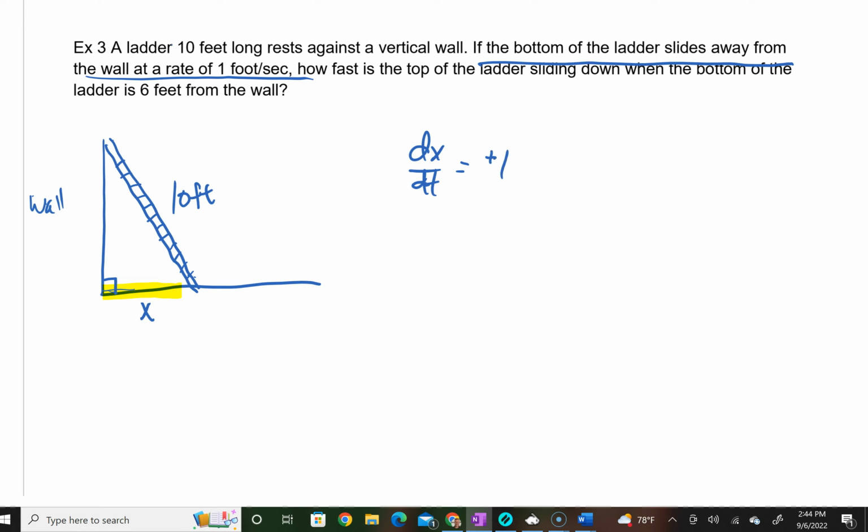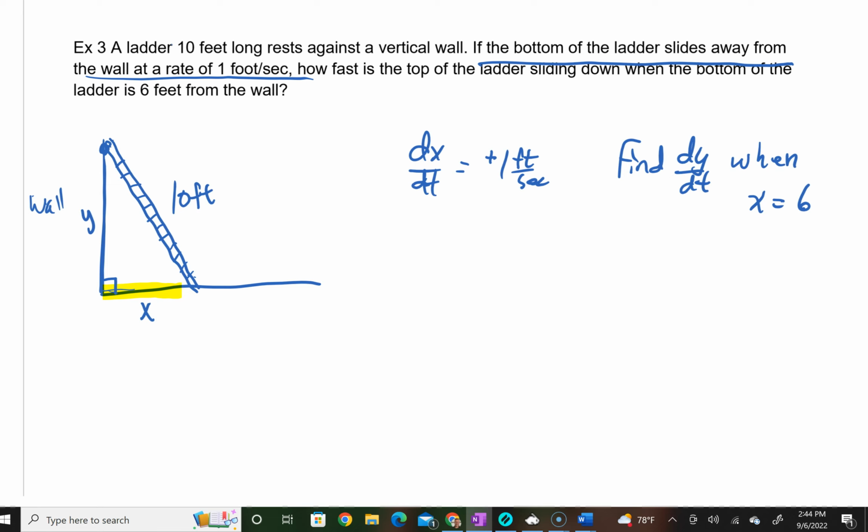It's a positive 1 foot per second, right? So if the bottom of the ladder slides away, how fast is the top of the ladder sliding down? It'd be so many feet above the ground. So find dy/dt when x is 6 feet from the wall.